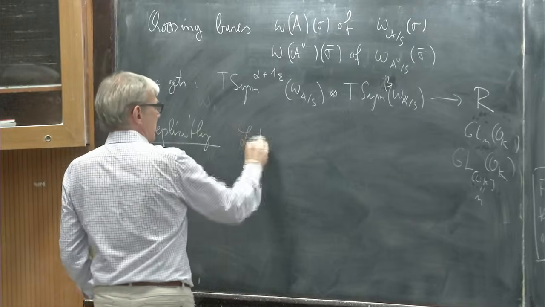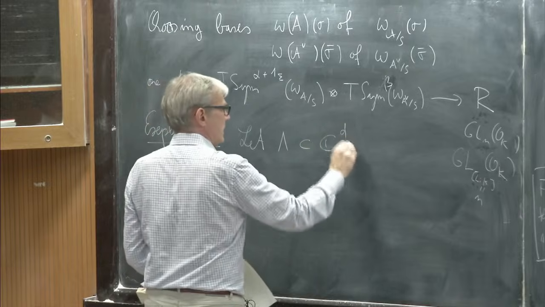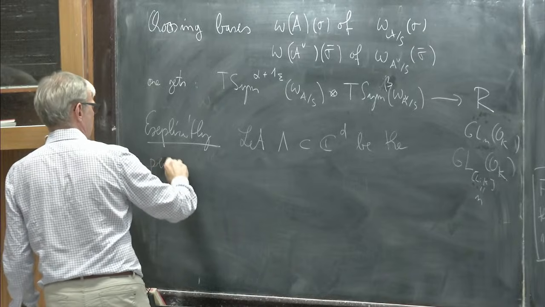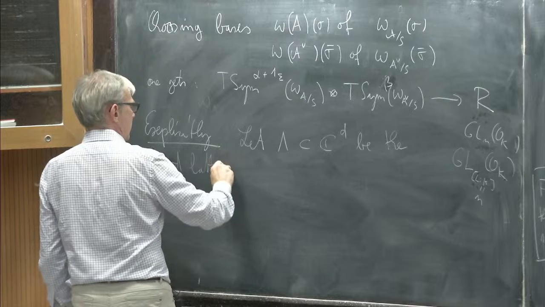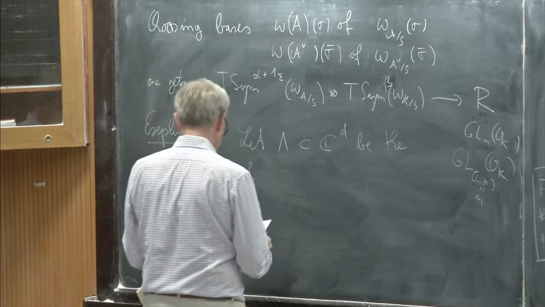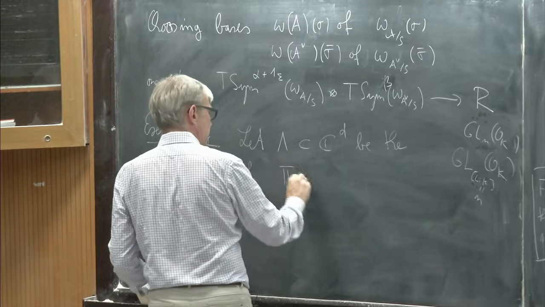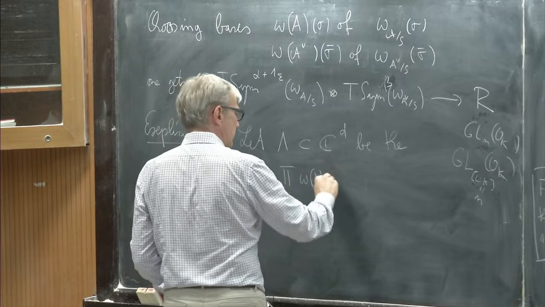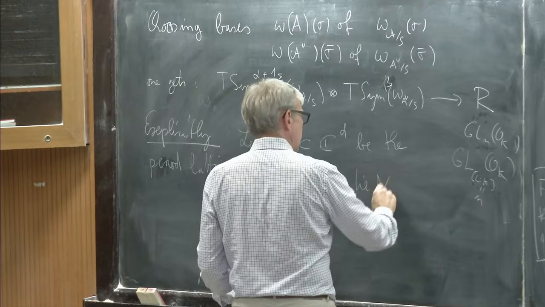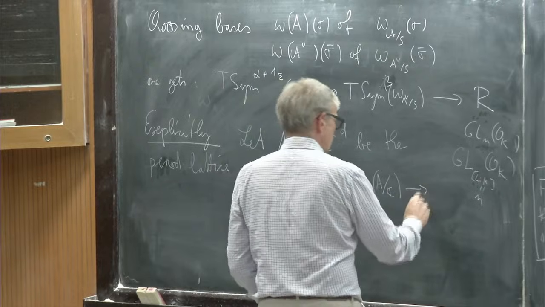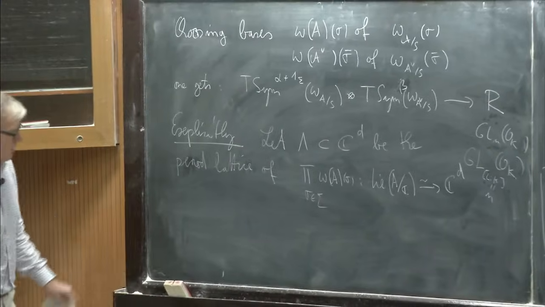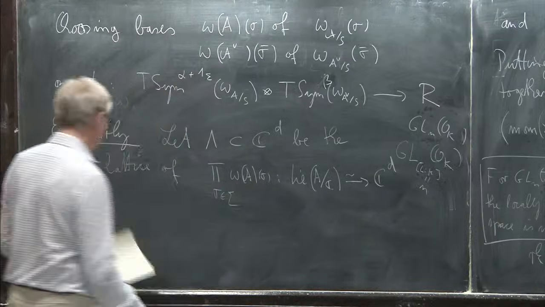For this, let now lambda in C to the D be the period lattice of the map attached to this basis omega A sigma. This gives you a map from the Lie algebra A over C, an isomorphism even, to C to the D. This is a basis of algebraic differential forms.